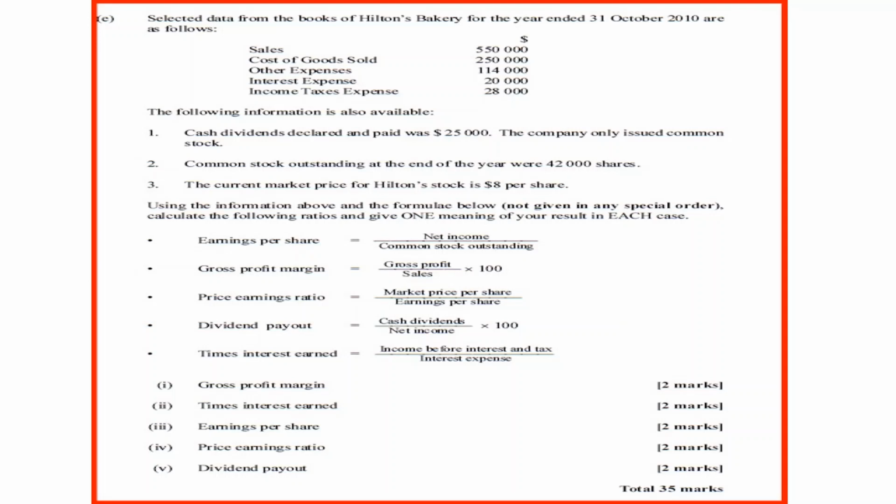What we are required: one, the gross profit margin; two, the times interest earned; three, earnings per share; four, price earnings ratio; and five, the dividend payout. And well, we have the formulas here, so you don't have to rely on your memory.